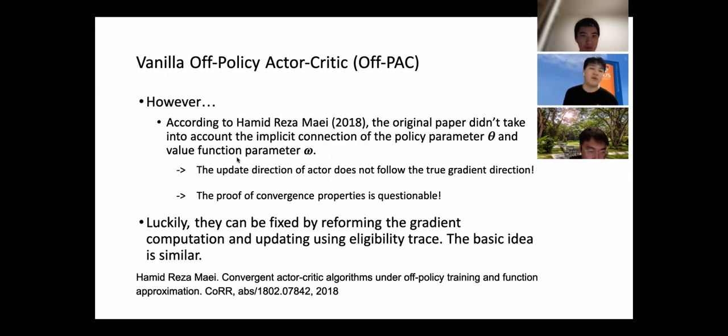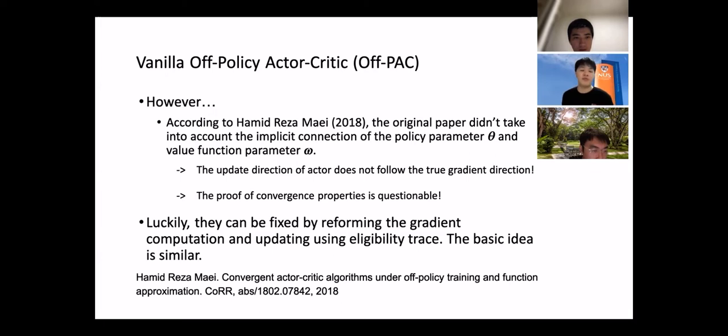However, according to Hamid, the original paper didn't take into account the implicit connection between the policy parameter theta and the value function parameter omega. This results in the update direction of the actor not following the true gradient direction.